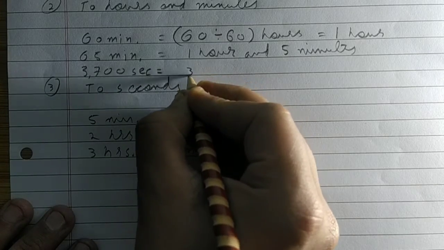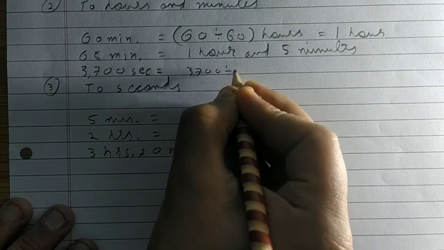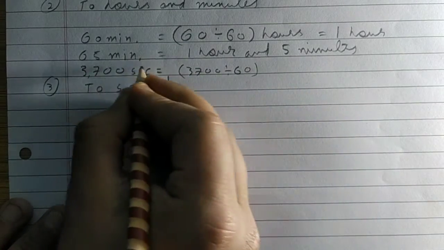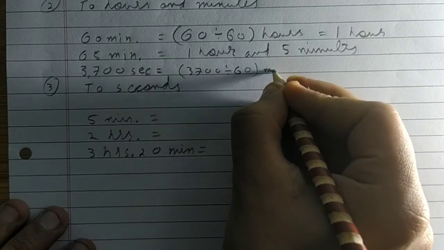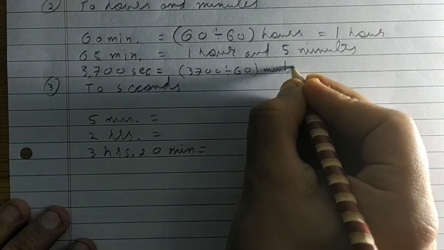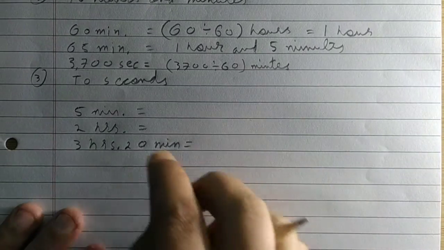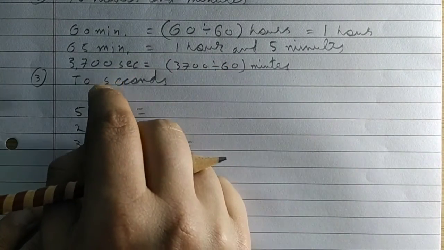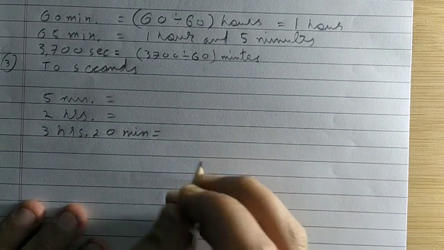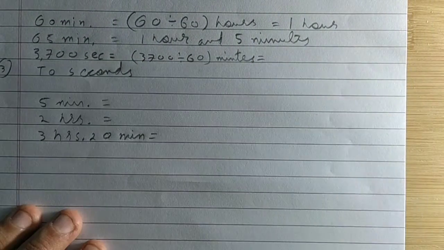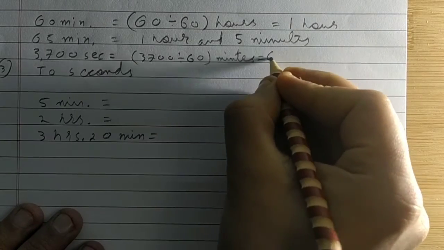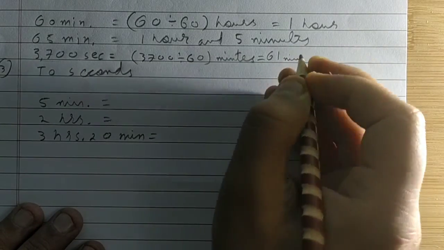So if you divide 3700 by 60, this will convert it into minutes, because when we divide seconds by 60, we get minutes, and which will be equal to 61 minutes.